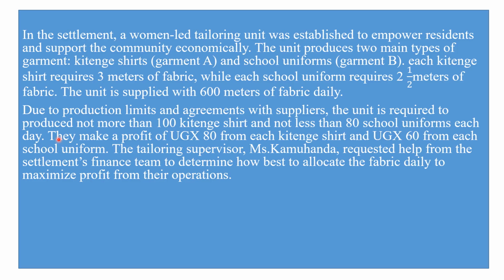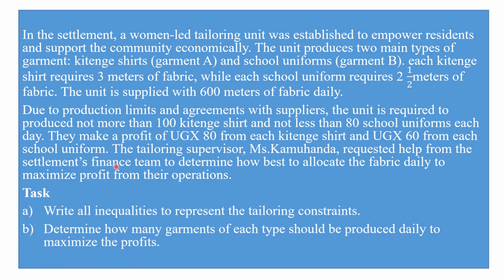Due to production limits and agreements with the suppliers, the unit is required to produce not more than 100 change shirts and not less than 80 school uniforms each day. They make a profit of Uganda shillings 80 from each change shirt and Uganda shillings 60 from each school uniform. The tailoring supervisor, Ms. Kamohan, requested help from the settlement's finance team to determine how best to allocate the fabric daily to maximize profit from their operations. And then the task: write all the inequalities to represent the tailoring constraints.